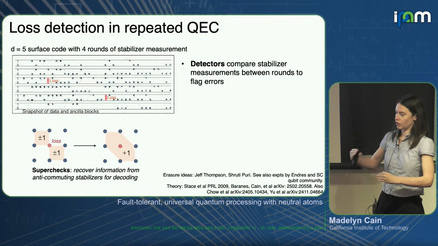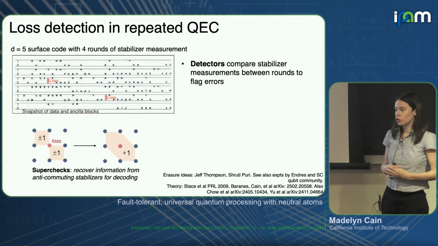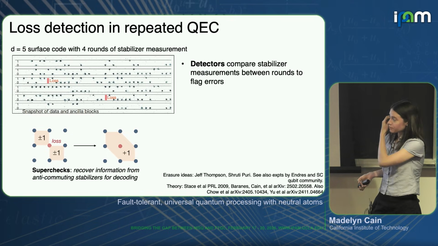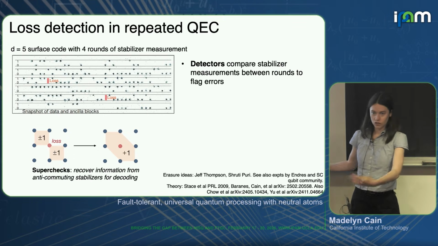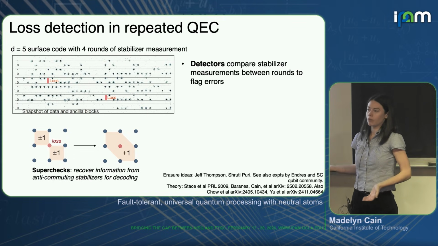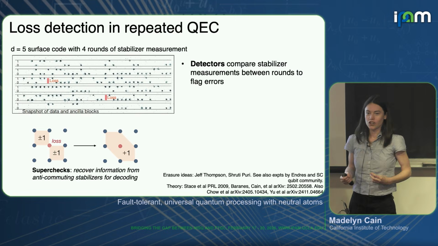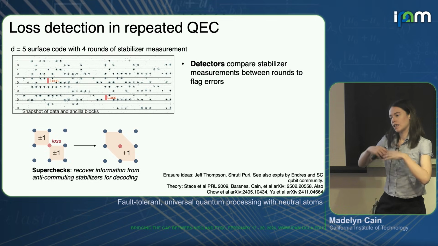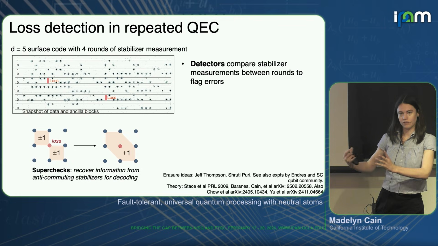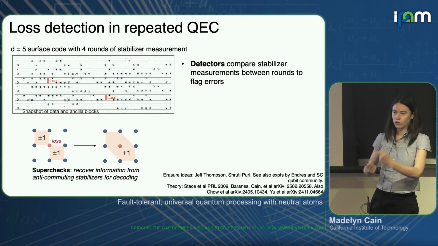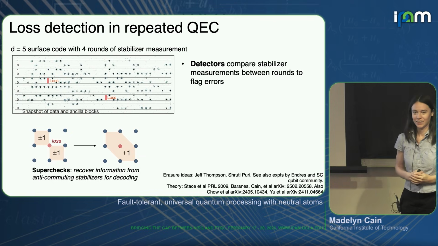We much prefer to tell if an atom's lost when we projectively measure it, which you can do in a variety of ways. But as a result, you lose information about when exactly the loss occurred. So an important part of decoding is to try and predict when that loss occurred, because after an atom's lost, all subsequent gates are canceled and it will produce a distinct error pattern. It's your decoder's job to predict when the loss occurred so that you can correct those errors.